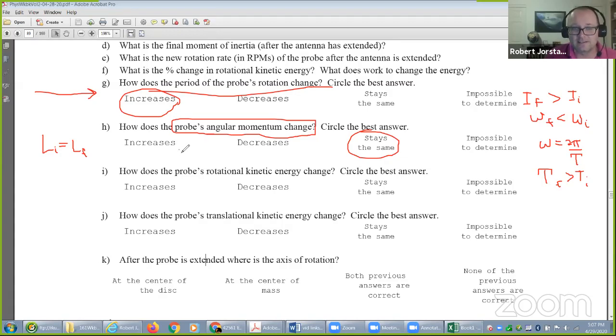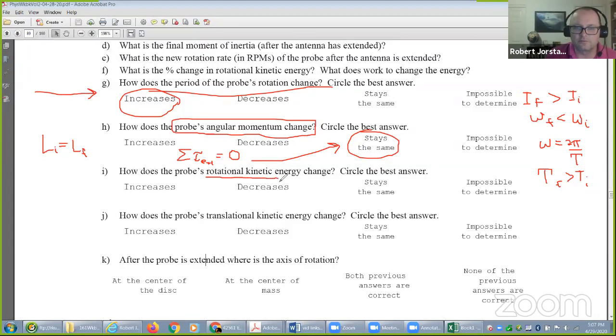Another way to say this is the sum of external torque. Do you remember me mentioning any external torque? We talked about a motor, which was inside the system. There's no external torque. If you have no external torque, that implies it stays the same.